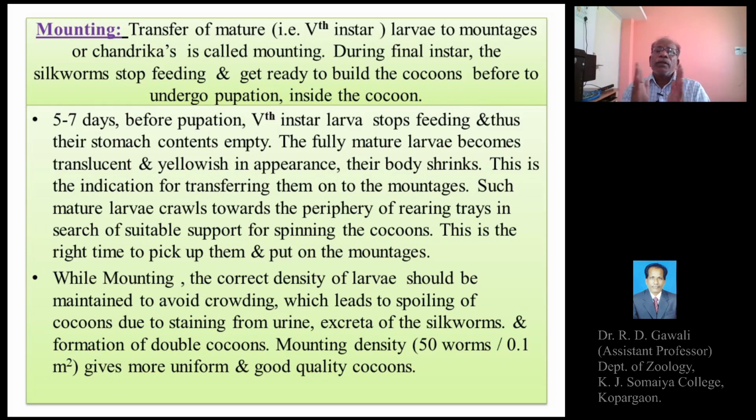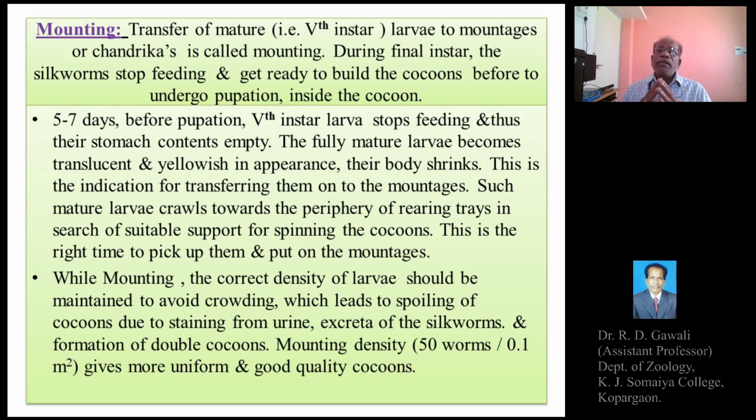Whenever the larvae are present in a closed situation in the mountage, this will interfere with the spinning activity of one another, and there is a formation of double cocoons, and these double cocoons cannot be separated from one another.